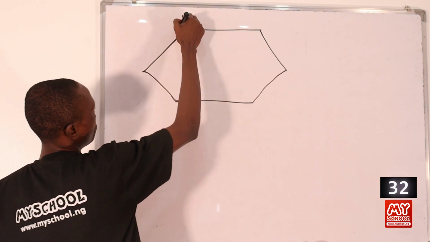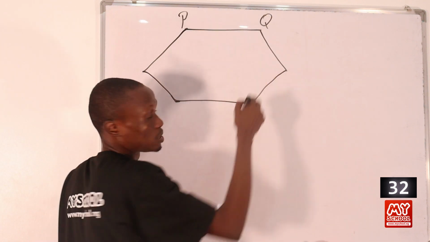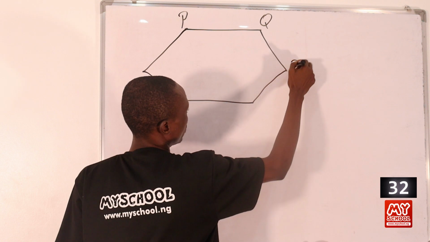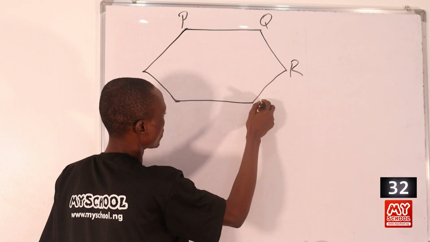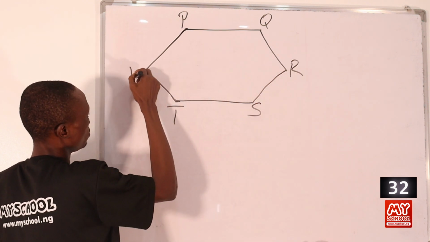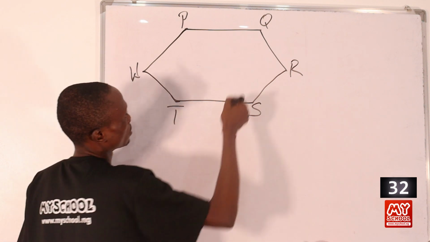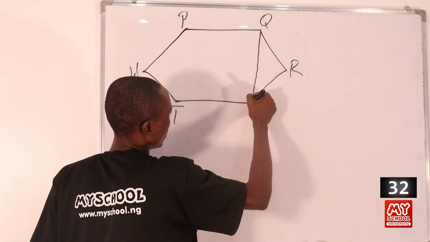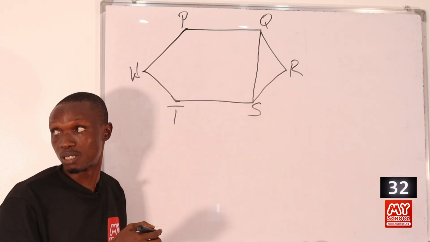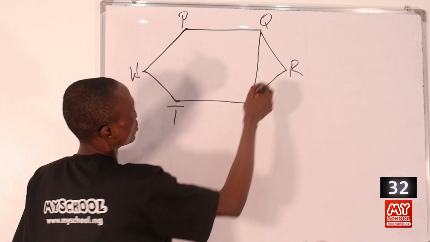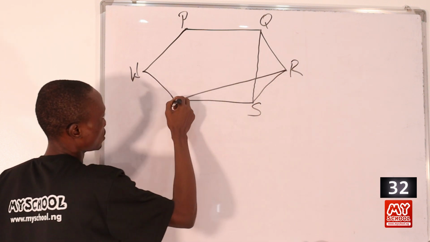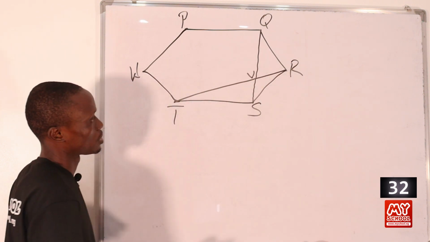Let's call the vertices P, Q, R, S, T, W. They told us that the line QS intercepts RT at V.